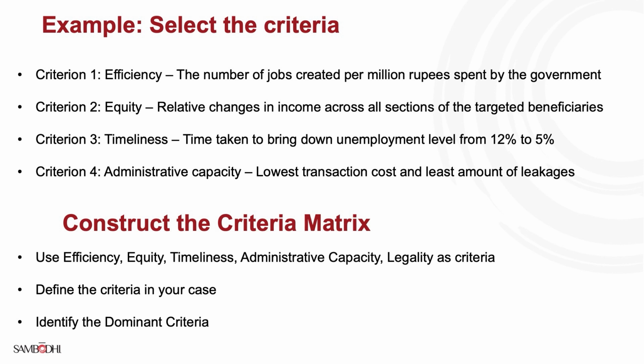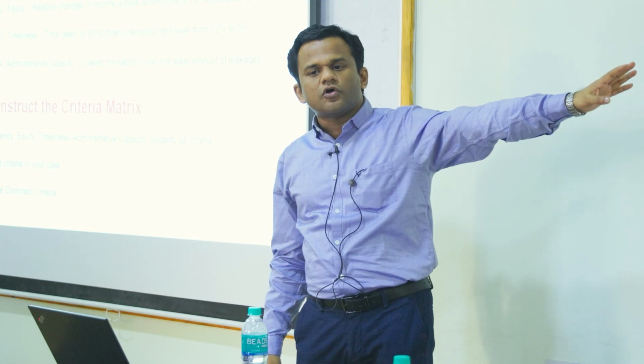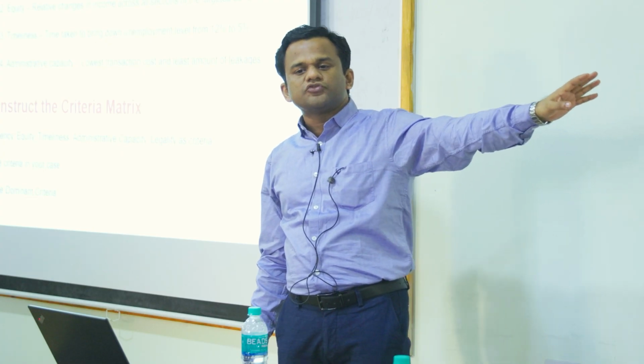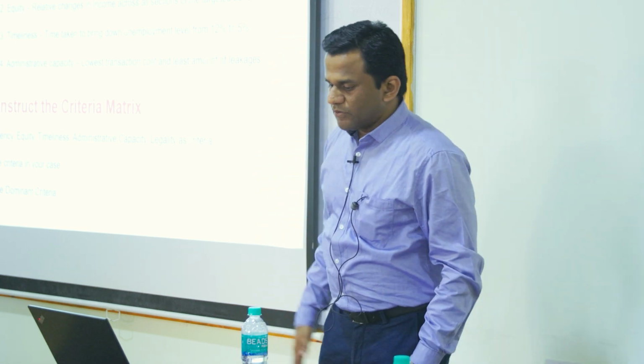In your case, it will be the increase in learning outcomes. Timeliness will be the time taken to bring down the unemployment level. It's quite straightforward. Administrative capacity means the lowest transaction cost and least amount of leakages. You just have to put plus or minus, whether it will lead to more leakages and more administrative cost, or fewer leakages and less administrative cost. So this is an example.